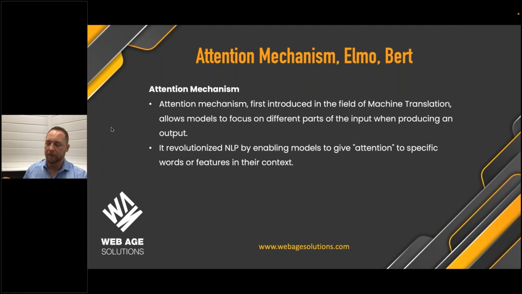At the micro level, if you think of a word in any sentence, like attention in this last sentence, the word attention means something different when we're talking about machine learning than when we're talking about paying attention during a webinar or in class or during a meeting.